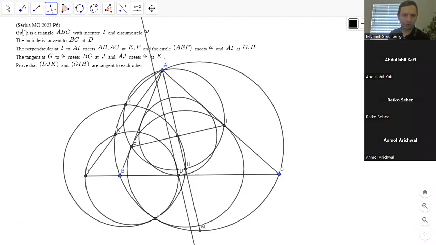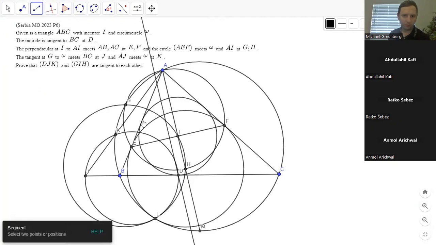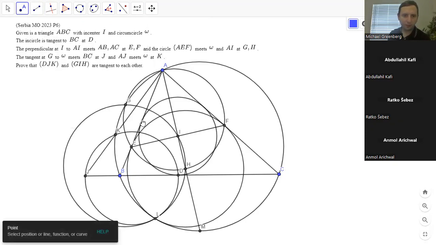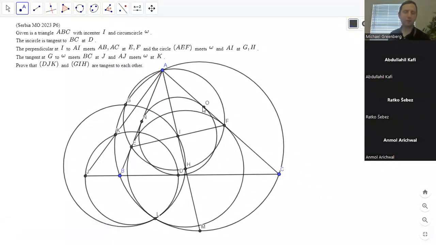So let's see. We draw these two points. Okay, maybe that's not so useful. But yeah, I'm still going to draw these two points.